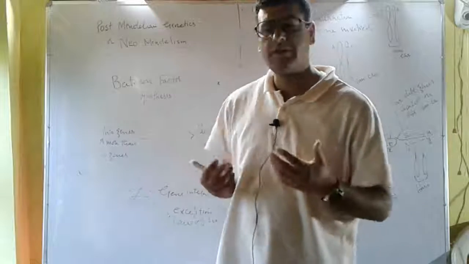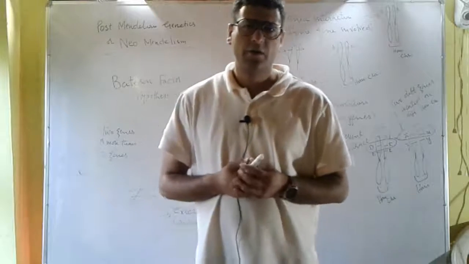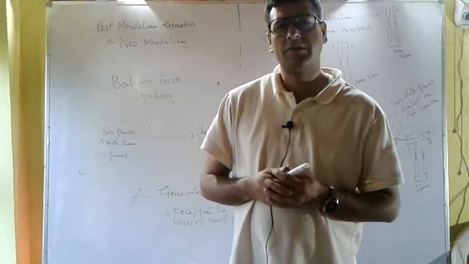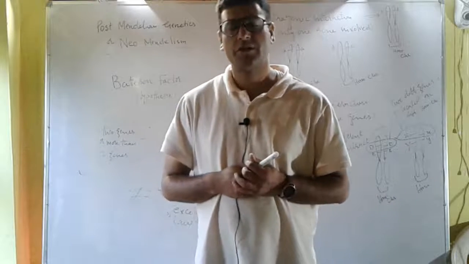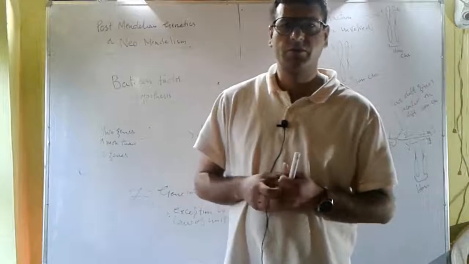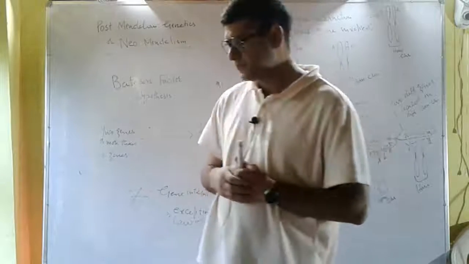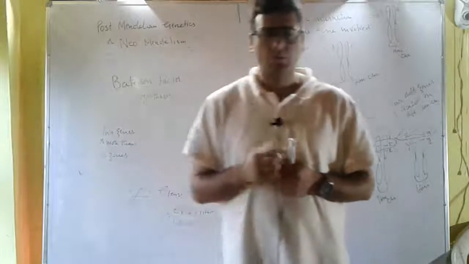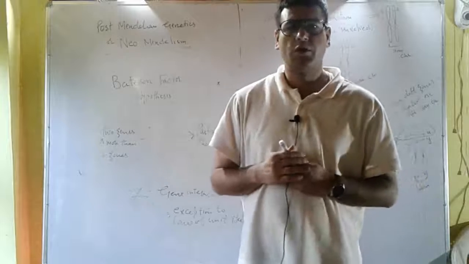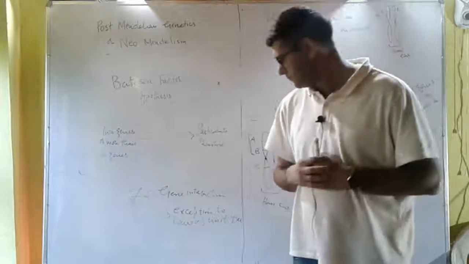But as we have seen in case of gene interaction, two or more than two genes can influence the same trait, same character, or same phenotype in an individual. This is what is an exception to the law of unit character. Thanks.